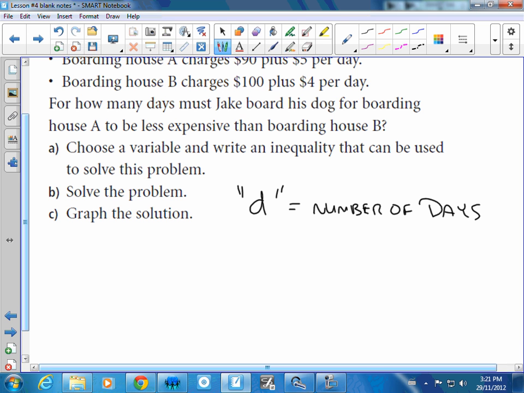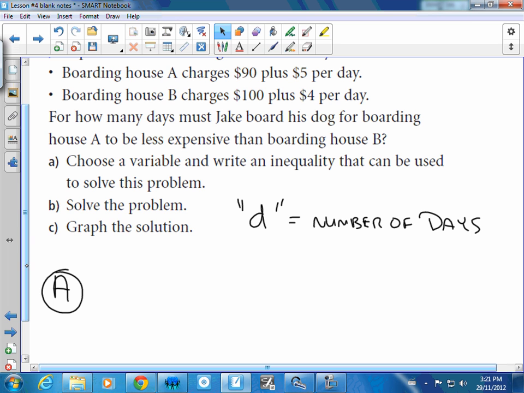Okay, so here is boarding house A. There it is. What I want is an equation for boarding house A that uses that variable right there. Okay, you walk into boarding house A with your dog. How much is it right off the hop? $90.